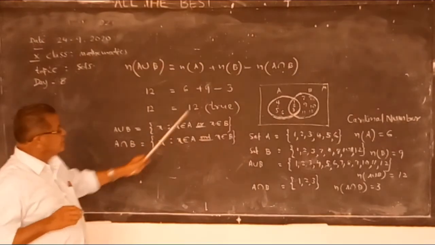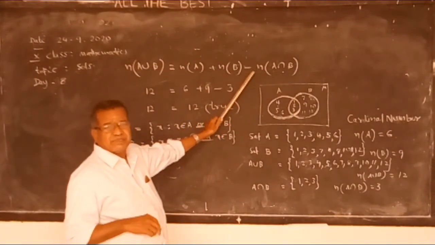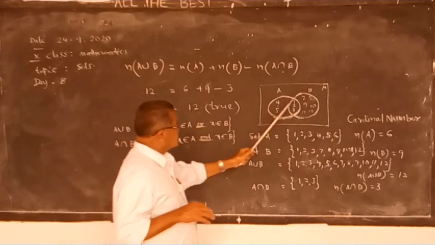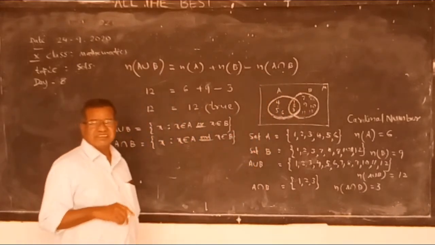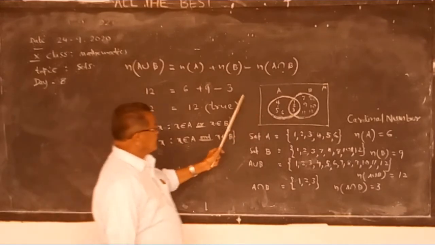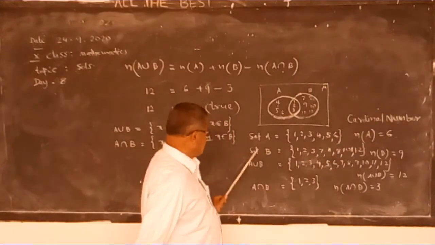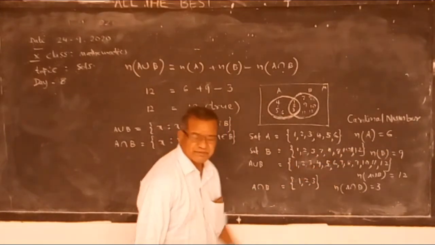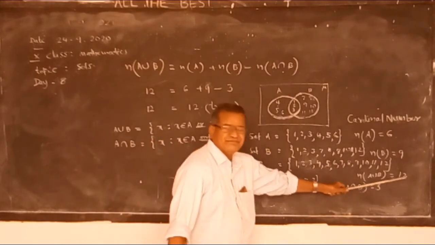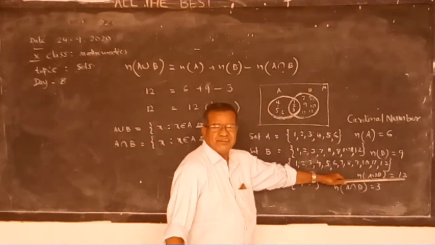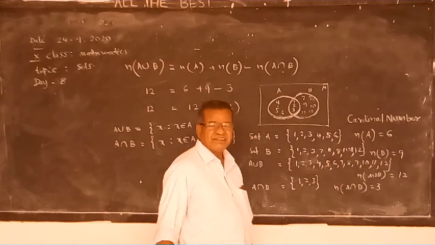And why are we writing a minus, why not plus? Because these common elements are in both. In set A there are 6 elements. In set B there are 9 elements. But in union there are 12. Why this variation?